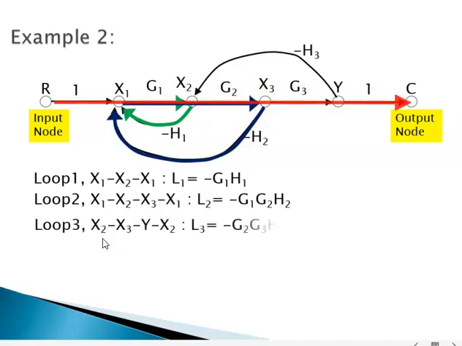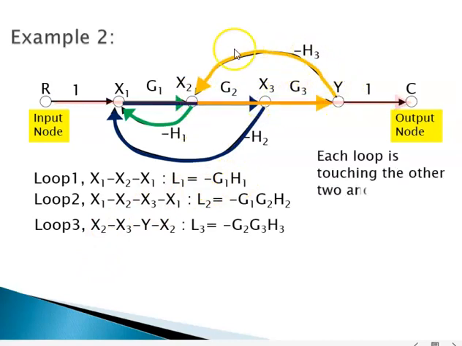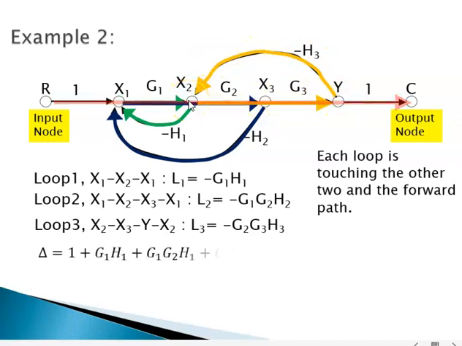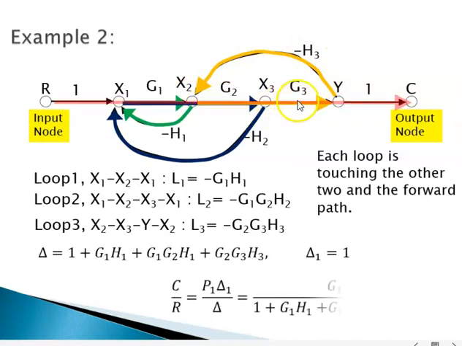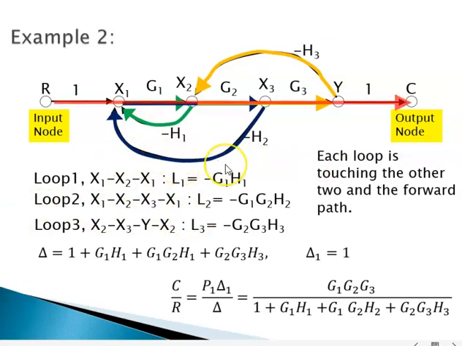Then we show loop 3. Loop 3 is going from x2, x3, y back to x2. Its gain is G2, G3 minus H3. So delta is, because all the three loops are touching, you don't have a pair of non-touching loops. So you have delta is 1 plus G1 H1, because you have 1 minus L1 minus L2 minus L3.